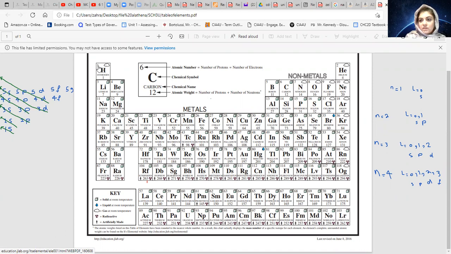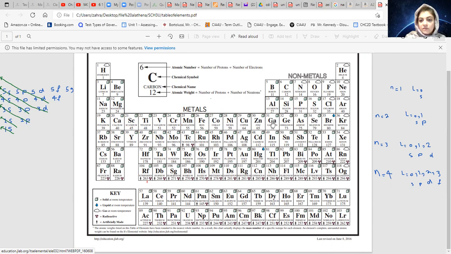So the first one is gonna be 1s2, 2s2, here gonna be 2p6, and this will be filled. Here is 3s2, p will be filled, 3p6, and here this will be filled, 4s2. Now here is d, right? Its fourth period, so it's going to be 3d10.